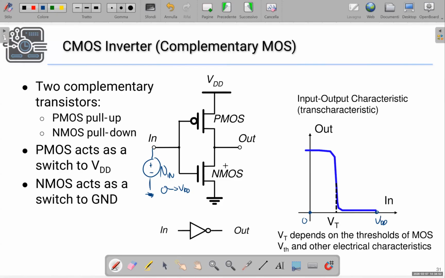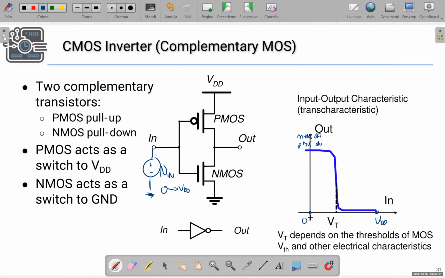When V in is equal to 0, the NMOS device is off, and the PMOS is on, as we have discussed before.